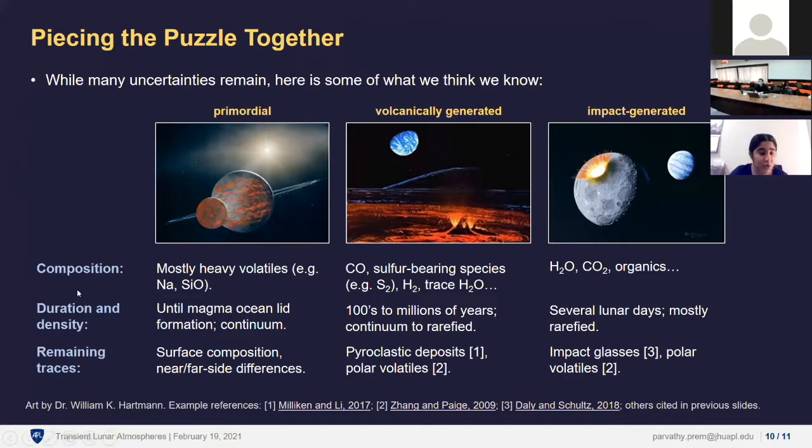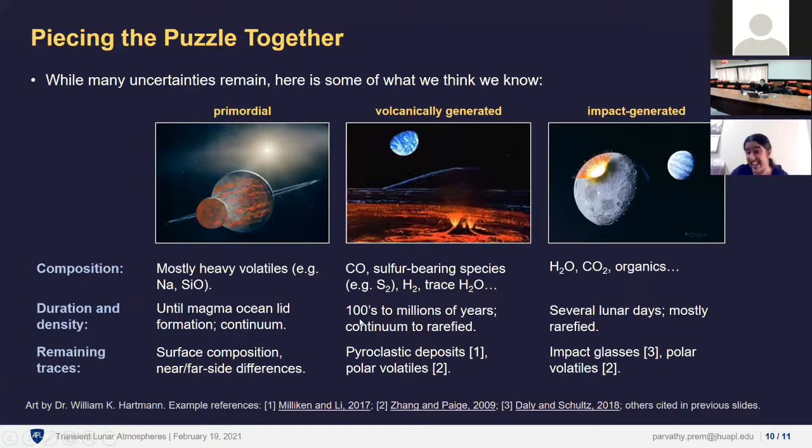These atmospheres also varied in their duration and their density. The thickest and perhaps the longest lived was the primordial atmosphere, which lasted until the magma ocean cooled after 1,000 or a few thousands of years. For volcanically generated atmospheres, the question of their duration is still actively debated.